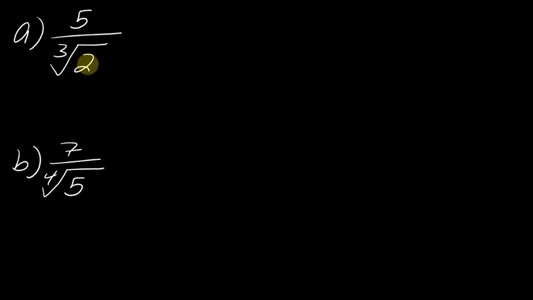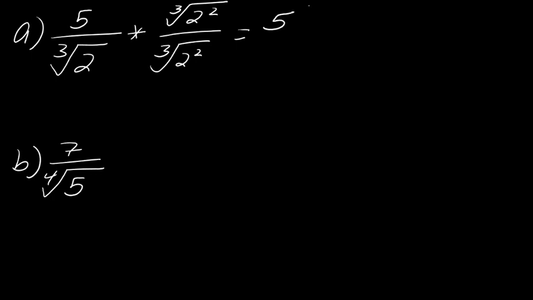Well, I have 1 power of 2, and I can see that I need 3 in total. So I need to multiply this by the cube root of 2 squared. Whatever I do to the bottom, I have to do to the top. So if I multiply this together, here's what this looks like: 5 times the cube root of 2 squared over the cube root of 2 cubed.